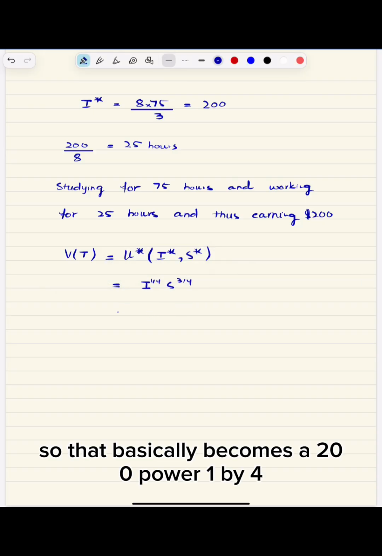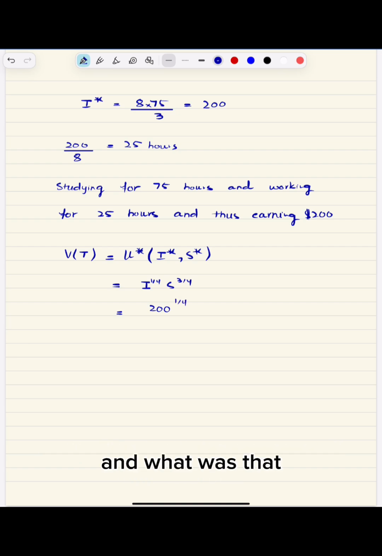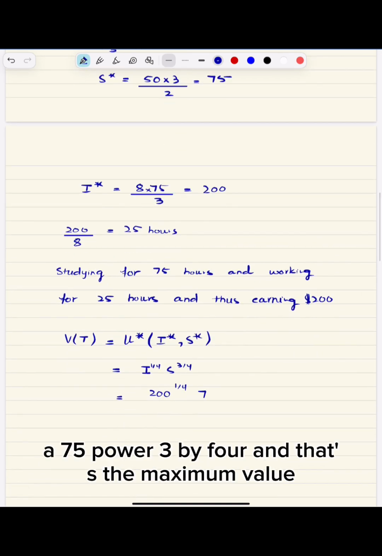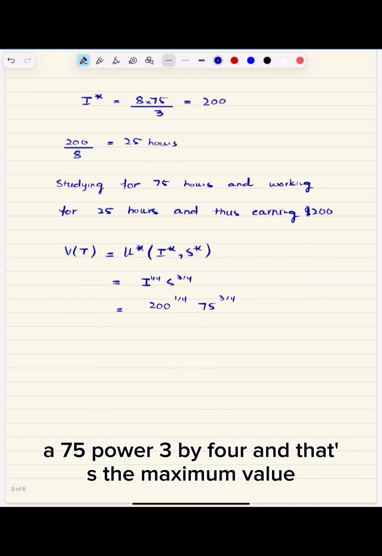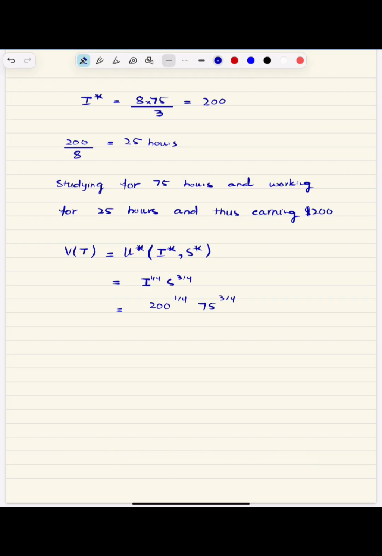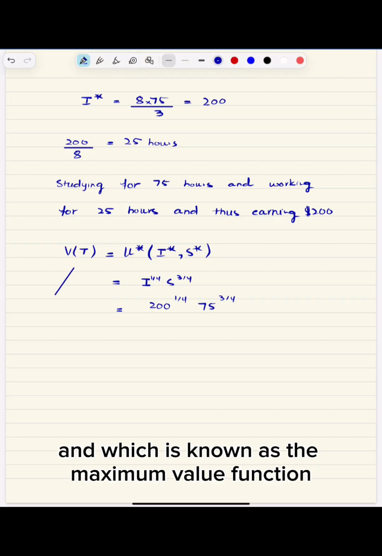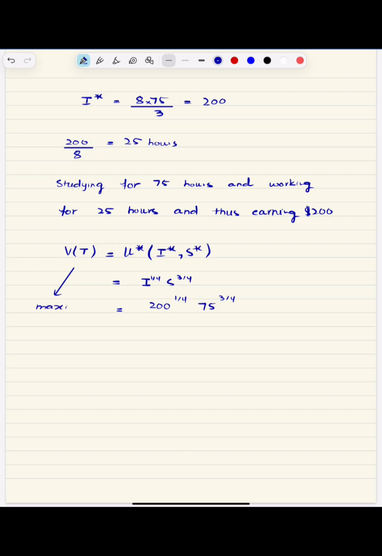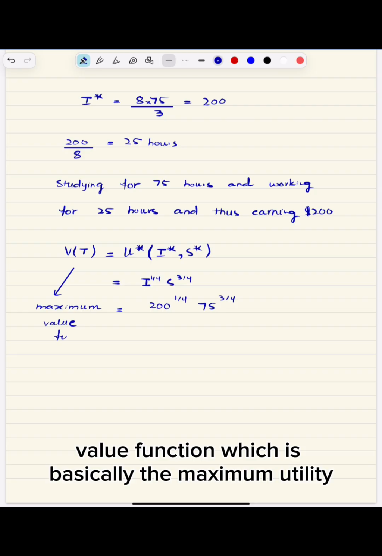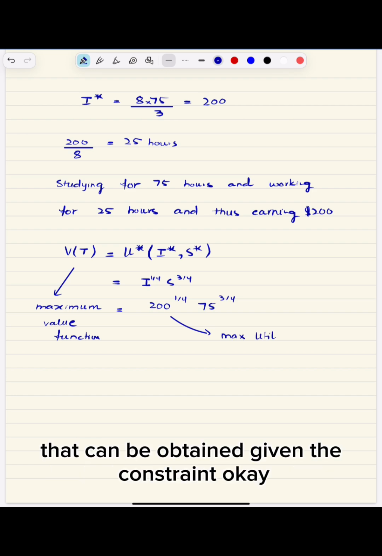So that basically becomes 200 power 1 by 4, and 75 power 3 by 4. And that's the maximum utility, which is known as the maximum value function, which is basically the maximum utility that can be obtained given the constraint. Okay, next question.